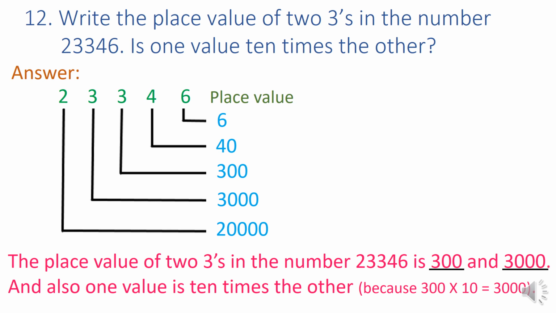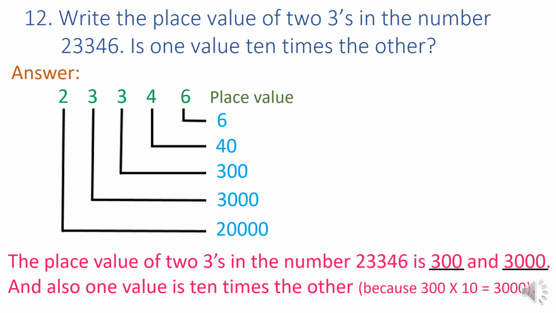So the place value of 6 is 6. The place value of 4 is 40. The place value of 3 is 300. The place value of 3 is 3,000 and the place value of 2 is 20,000.